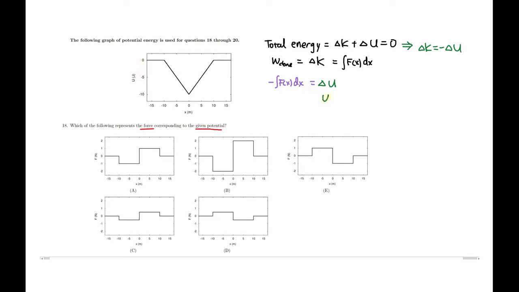So we have U of x minus U of 0, but for simplicity, we're going to set U of 0 equal to 0. The x stands for the position, and that also makes the integral calculation easier as well. So we have negative integral from 0 to x of f of x dx.